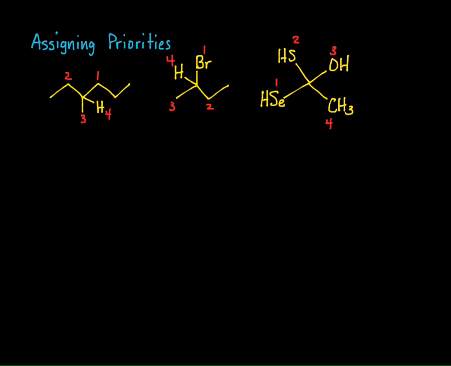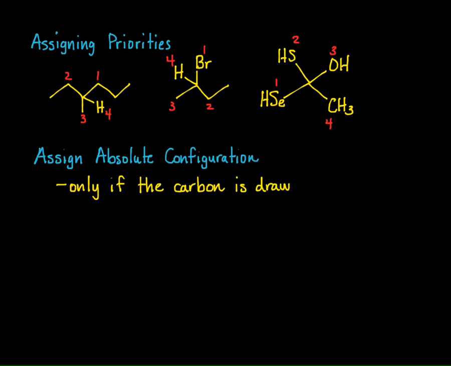So now the last thing, we've now assigned priorities, and now we have to assign absolute configurations. But notice in the drawings above, there's really no way I can assign the absolute configuration unless I know the 3-dimensional shape of it. And therefore, the only way you can assign absolute configuration is if the carbon is drawn with the tetrahedral geometry. So, for example, I'll go back to the example of 3-methylhexane.